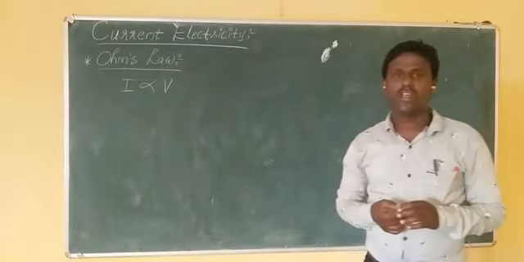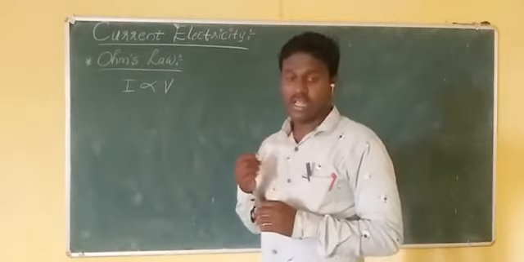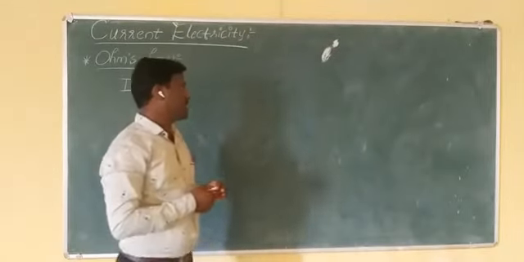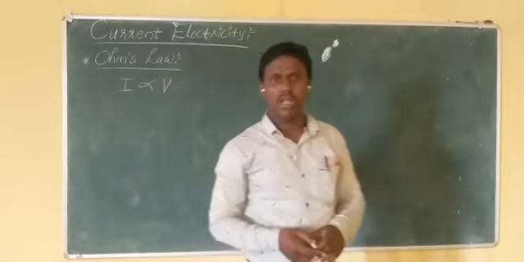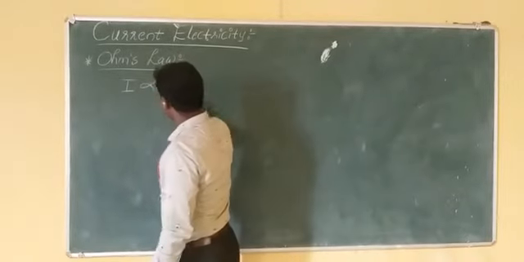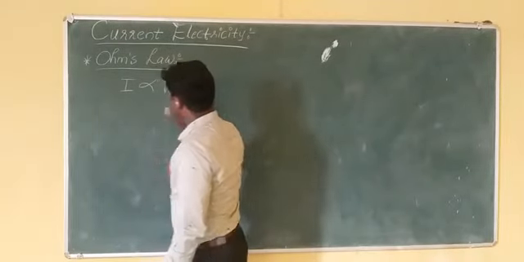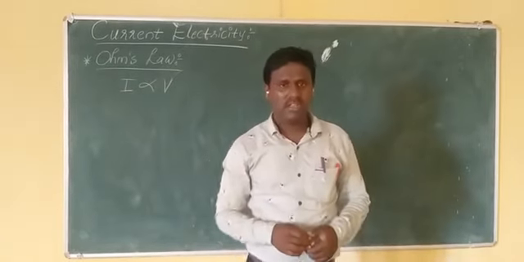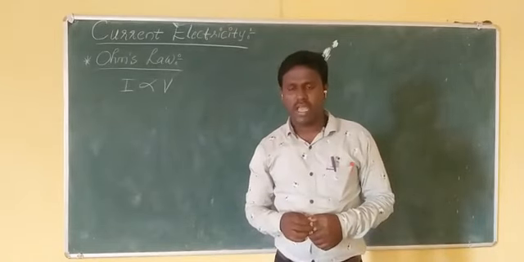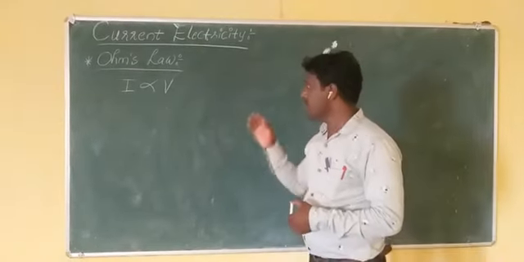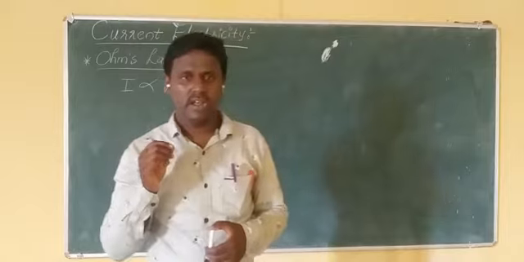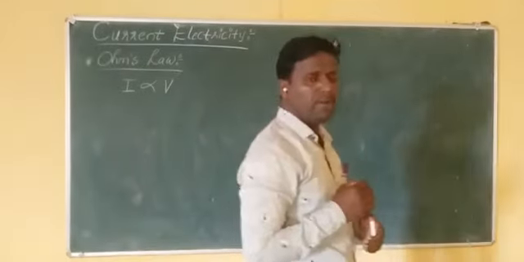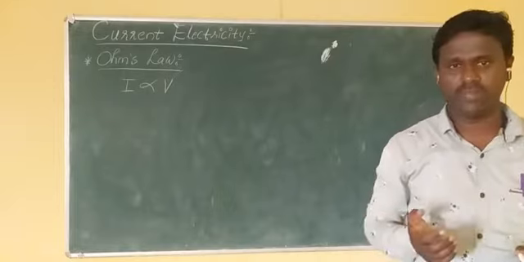What does Ohm's law state? Ohm's law states that the current flowing through a conductor is directly proportional to the potential difference applied across the ends of the conductor, provided that temperature and other physical conditions are kept constant.